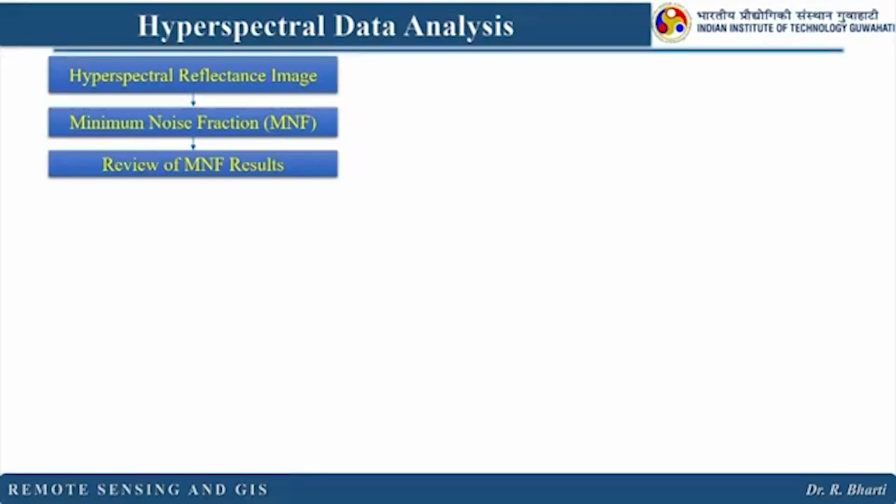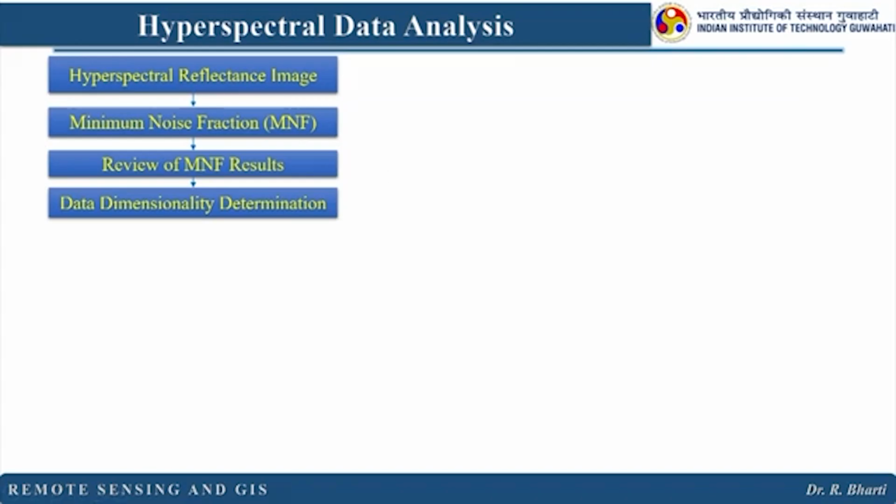Now in the third step we have to review the MNF result, and once we are done with reviewing, then we can derive the inherent dimensionality of the data, that means the unique information from this many narrow and contiguous bands.